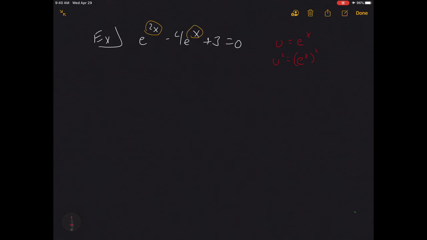But remember what happens when you have a power raised to a power on the right hand side. You have e to the x squared. Well, that is the same thing, if you multiply the two powers together, as e to the 2x. And hopefully what you can see is that is the same as your first term. This one is the same as the middle term.